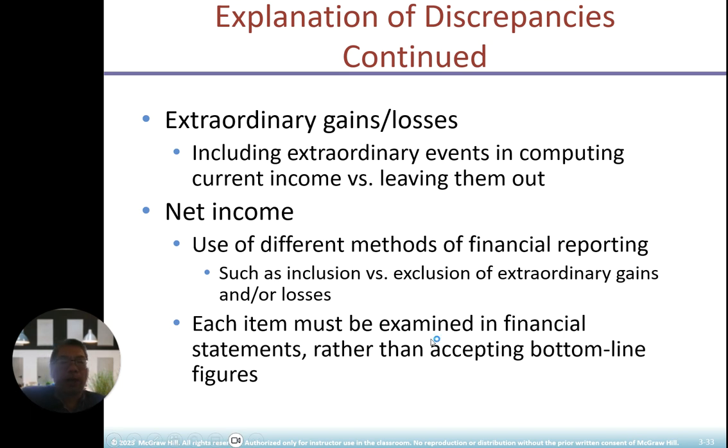A good example is property sales and other sales that push the earnings up. But those are non-operating income, non-operating earnings.